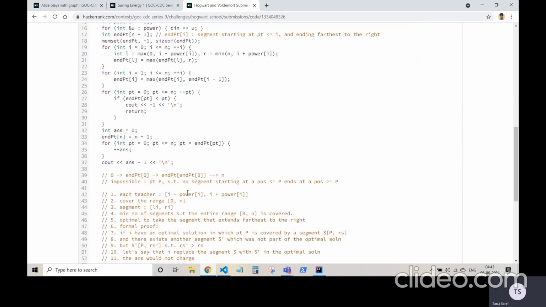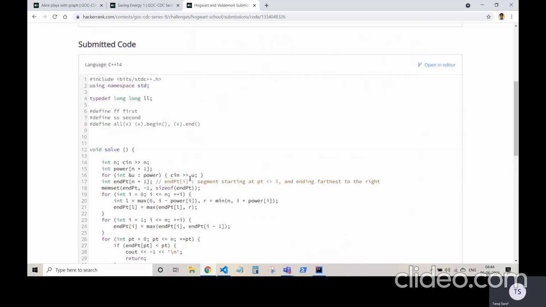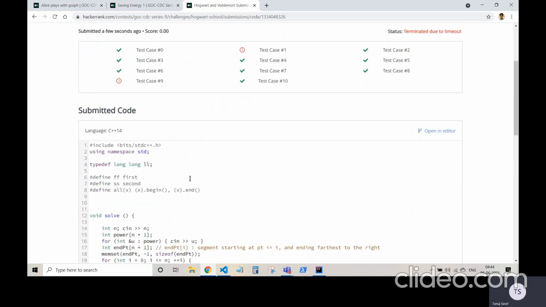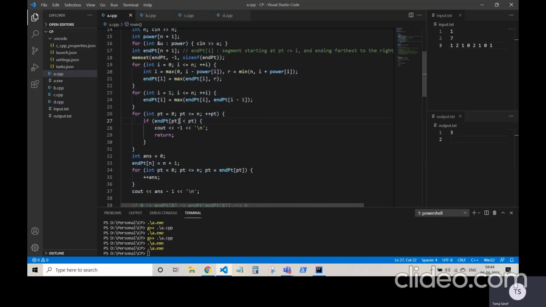So I think I've missed something over here. Okay, so n was going to 2 times 10 to the power 6, and so let's just go over it once again.